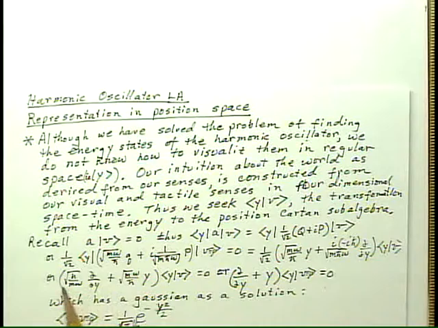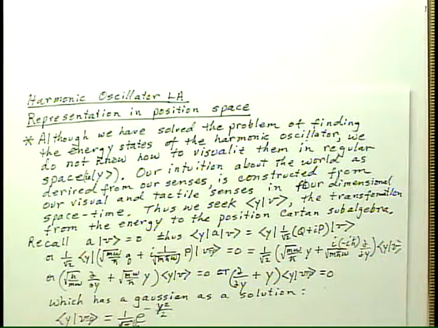Now by multiplying through by this factor here, we get a much simpler equation: partial with respect to y, plus y, of this function is equal to 0.